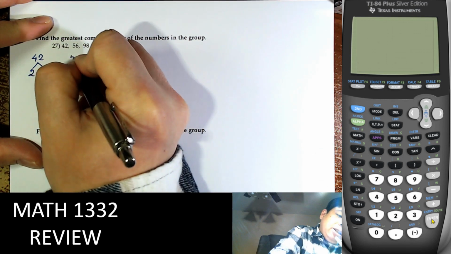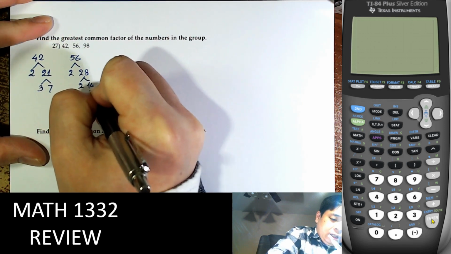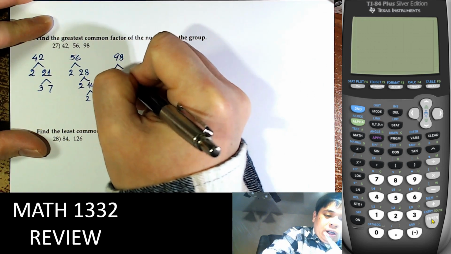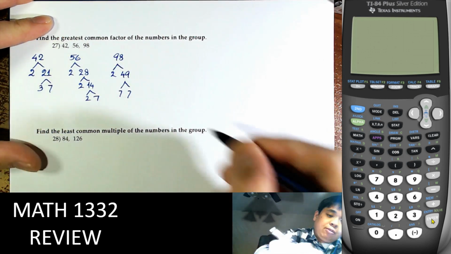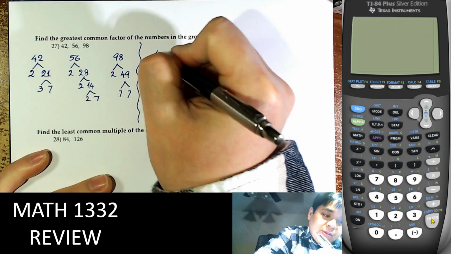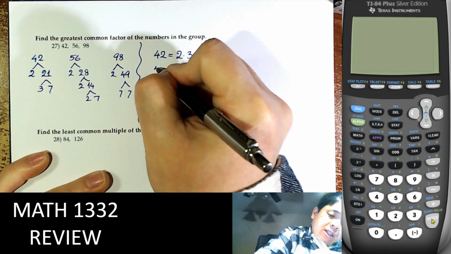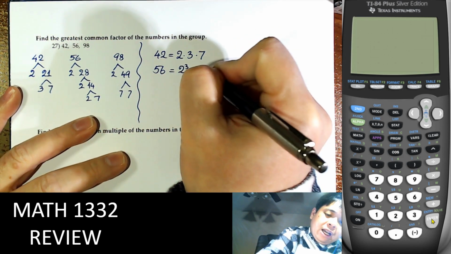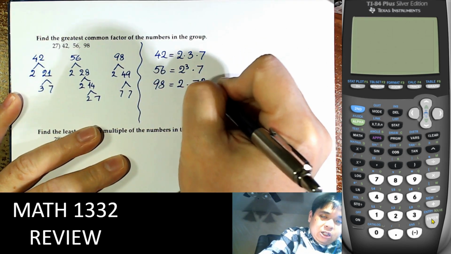Now 56: 2 and 28, 2 and 14, 2 and 7. 98: 2 and 49, well, 7 and 7. Now with that, we have the prime factoring of 42: a 2, a 3, and a 7. 56: actually 2 cubed and 7. And 98: a 2 and 7 squared.